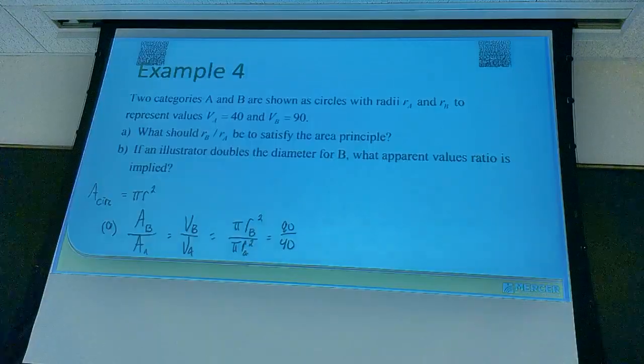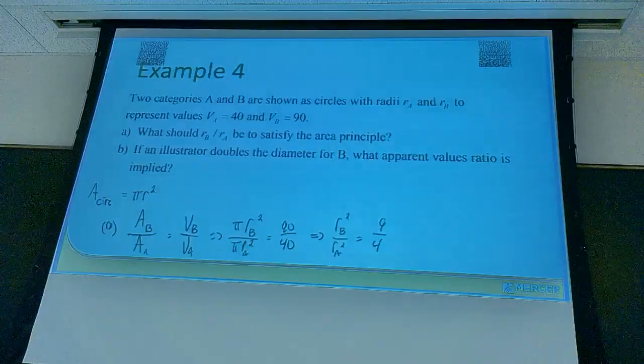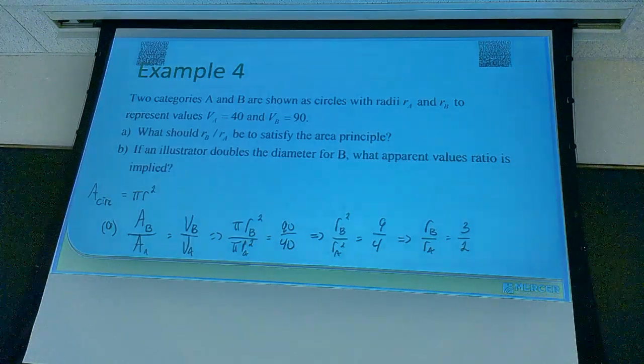Pi over pi is 1. So the square of the radius for B to the square of the radius for A has to be 9 to 4. Then the ratio of the radii is 3 to 2.